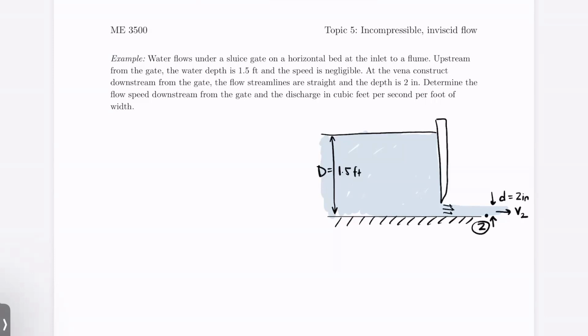All right, we want to find V2, and we also want to find Q2 per B, where I'm going to call B the depth. V2 and Q2 are of course related to each other, so we're kind of just looking for V2 essentially.